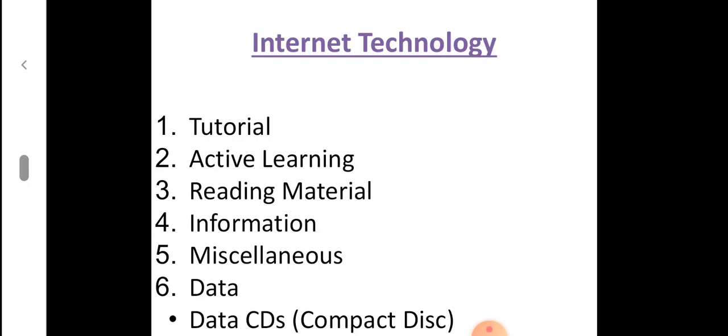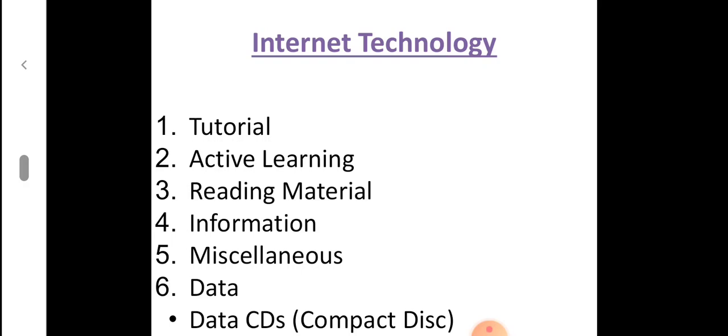Fourth point is information. Information on universities offering degrees in economics and other details on the subject economics we can get on internet.